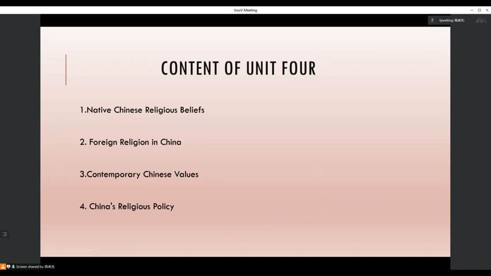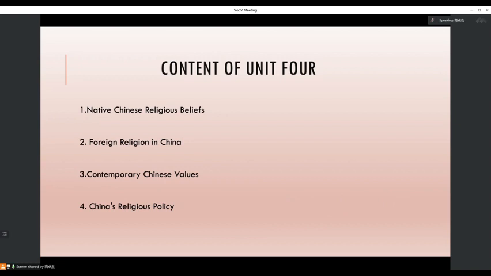In this unit, I will introduce these 4 topics. One is native Chinese religious beliefs. Do you know what the Chinese native religious beliefs are?